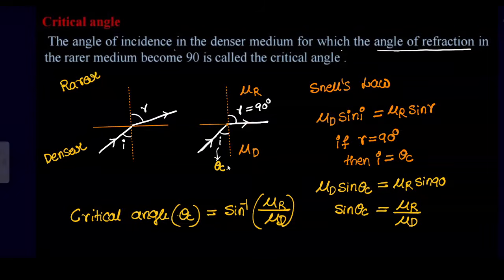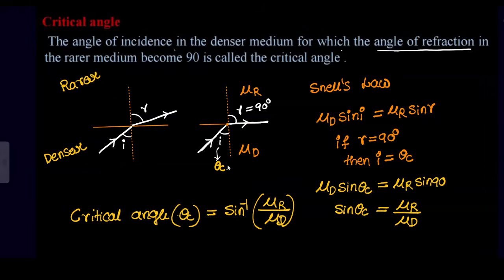So the critical angle formula is sine inverse of mu r by mu d. Now look here. If the angle of incidence is less than the critical angle, then what happens?